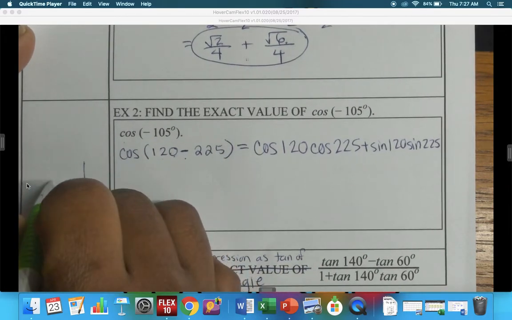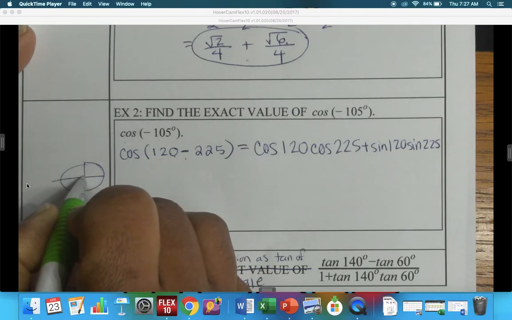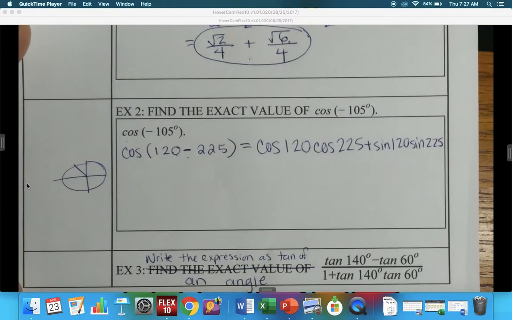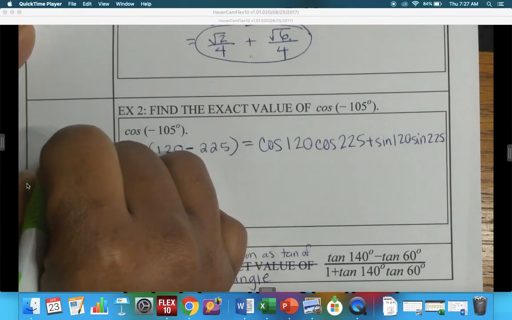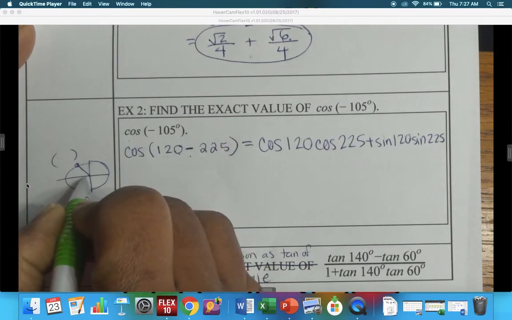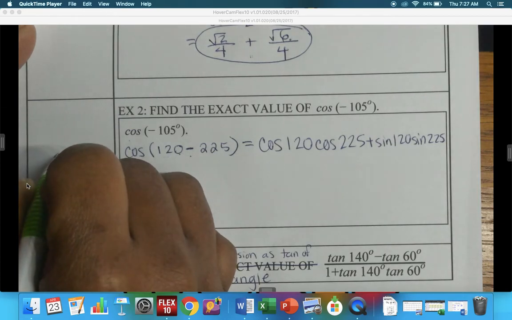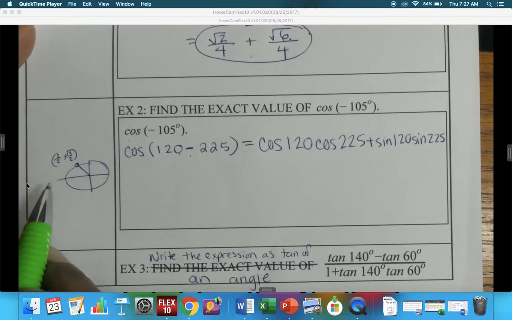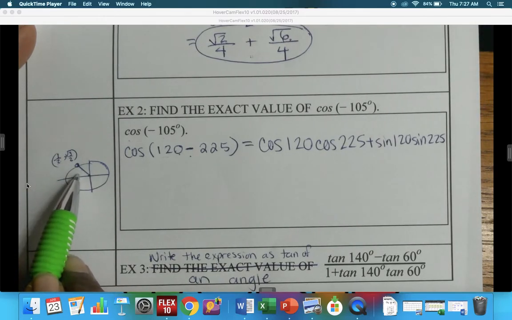If I look at my unit circle, I'm going to draw it on the side here. 120 is here in the second quadrant, at the point negative 1/2, comma, √3/2. So cosine at that point is negative 1/2, and sine is √3/2.